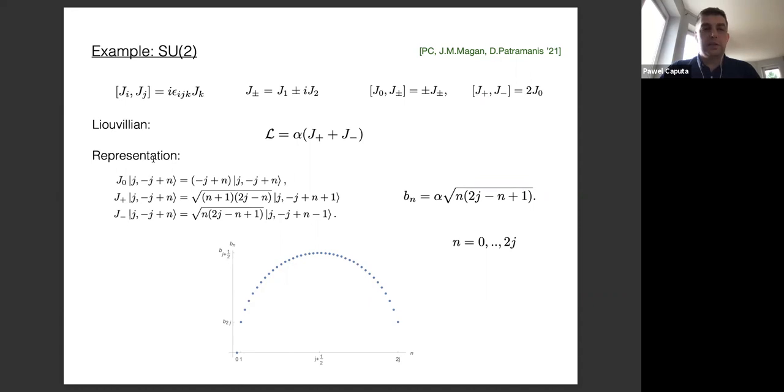Again, we'll be interested in the discrete series representation, starting for convenience at some state labeled by minus J, and then we act with the creation operators on this. As you remember, for SU2 we only have 2J plus 1 states for a given representation J.